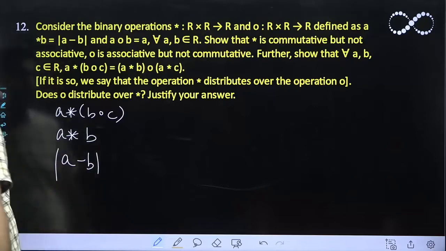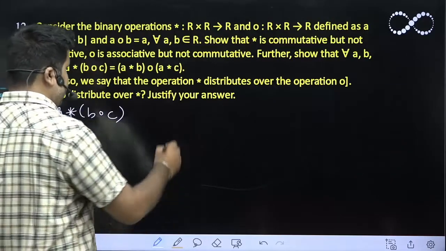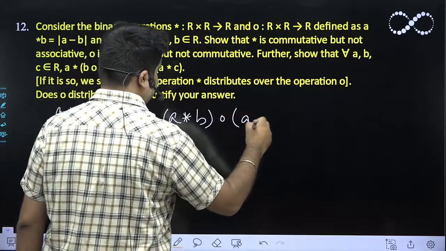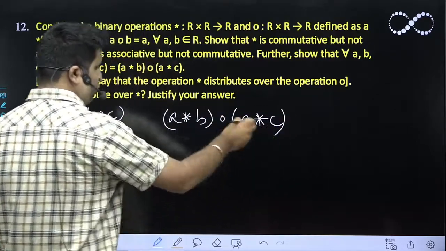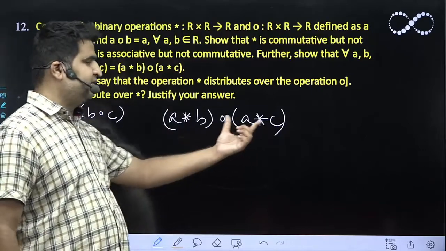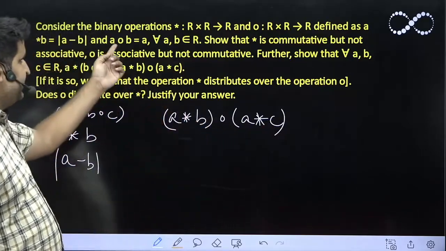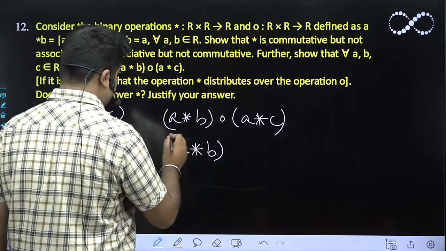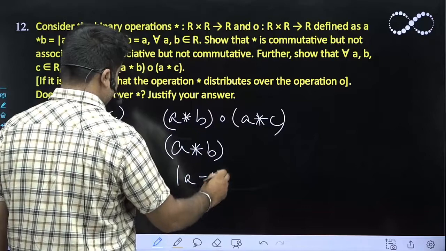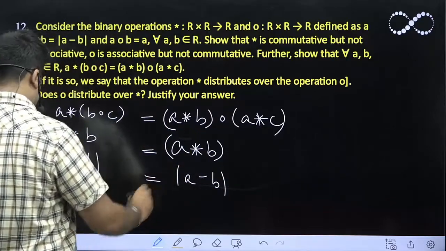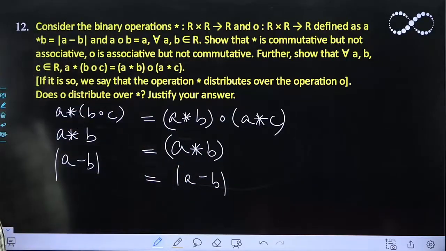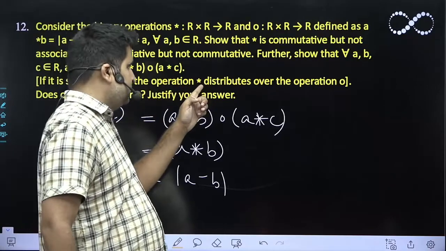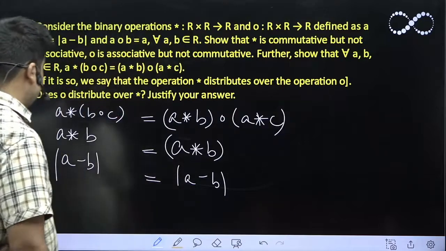Mod of A minus B. And here we have (A star B) O (A star C). If we take O of two numbers, we just pick the first one and neglect the second one. So this becomes A star B. And what is A star B? Mod of A minus B. So therefore this condition is true. If it is so, we say that this operation star distributes over the operation O.